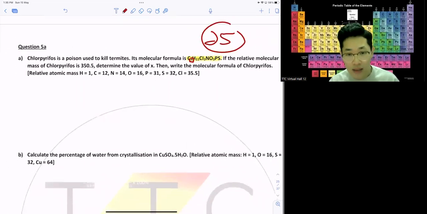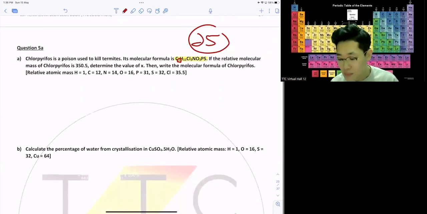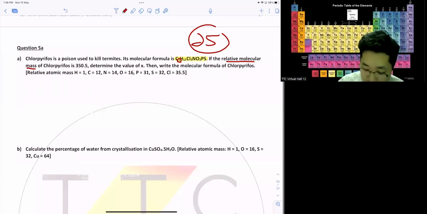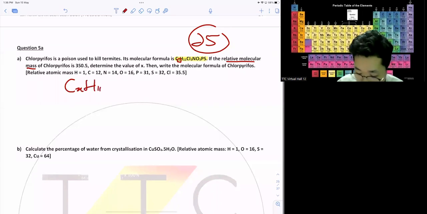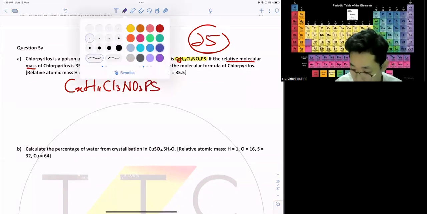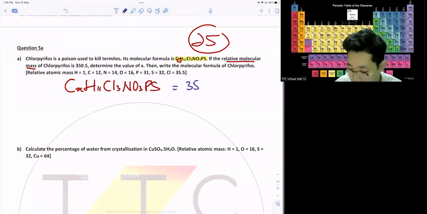And they told you the relative molecular mass. That means the mass of this whole substance is equal to 350.5. So I will just write it out: CxH11Cl3NO3PS equals 350.5.